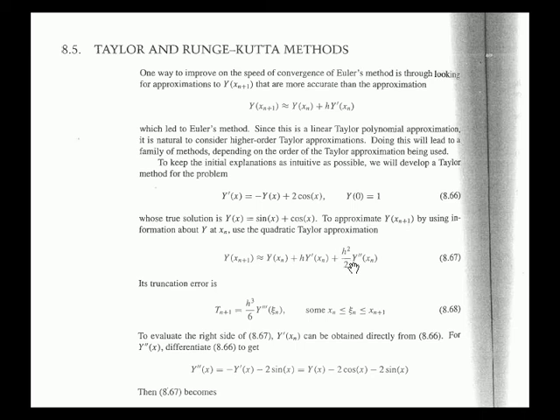But the problem is, what's y double prime? Y prime is given by the differential equation, that's y prime is f of x and y. But what's y double prime? Well, to get y double prime, you have to differentiate the differential equation.